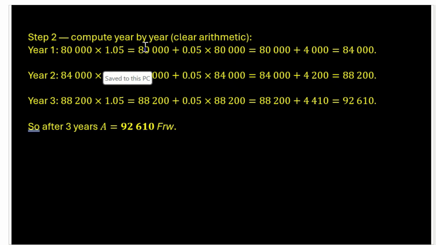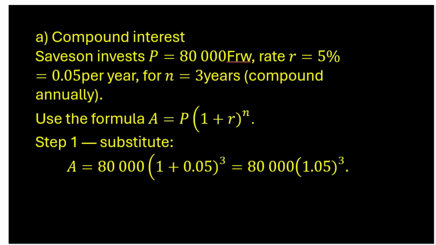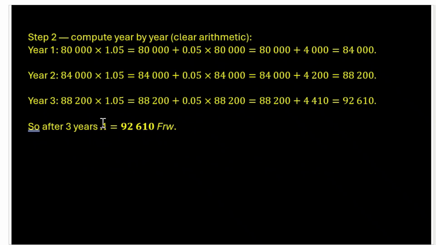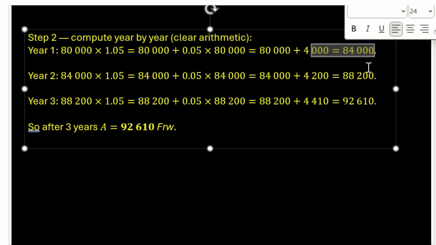The interest will be equal to 4,000, and you add it to that principal so that you get the compound interest of the first year. So this is the compound interest of the first year.